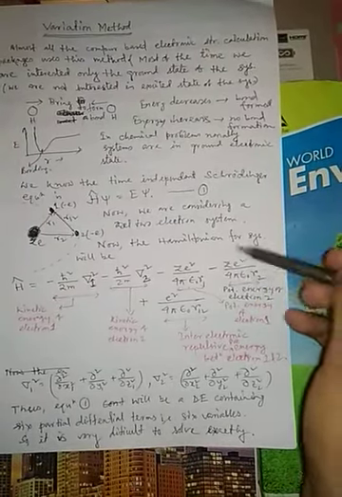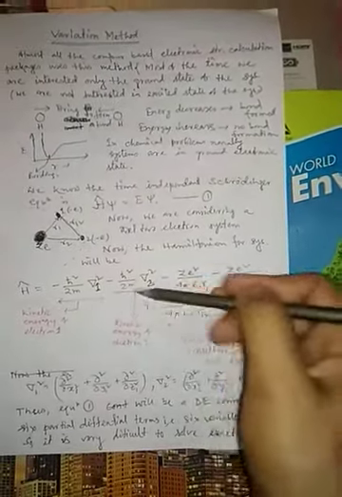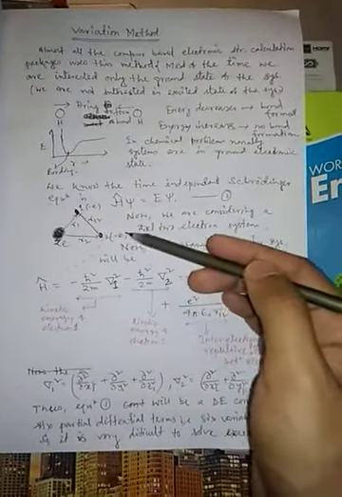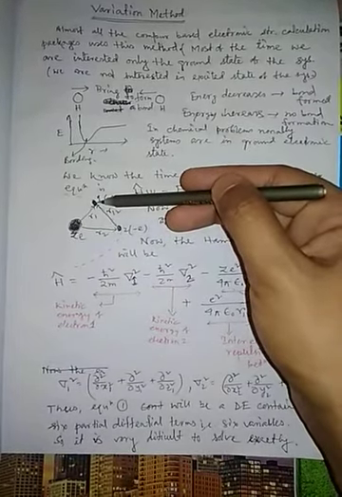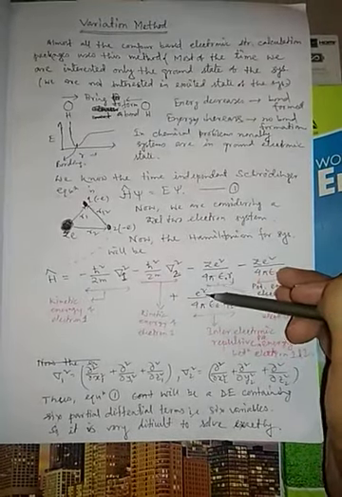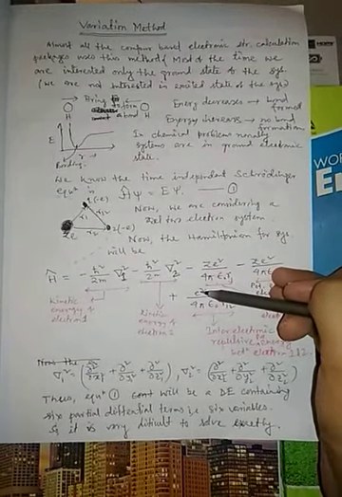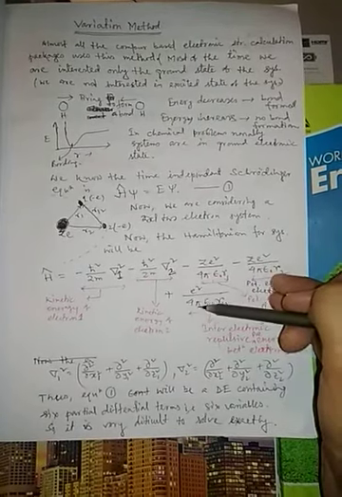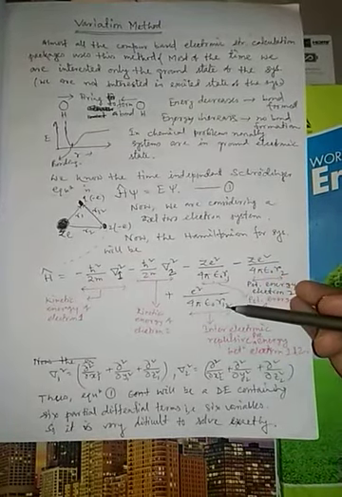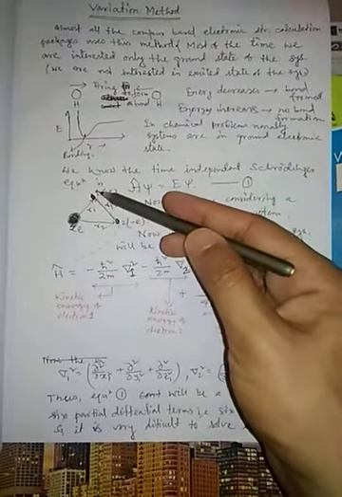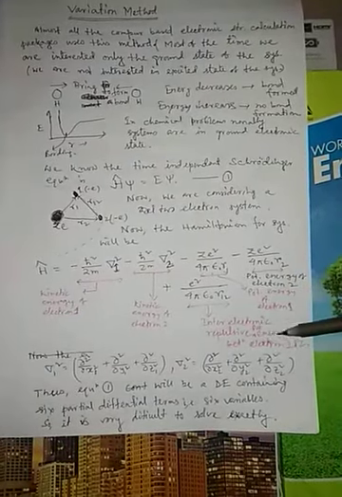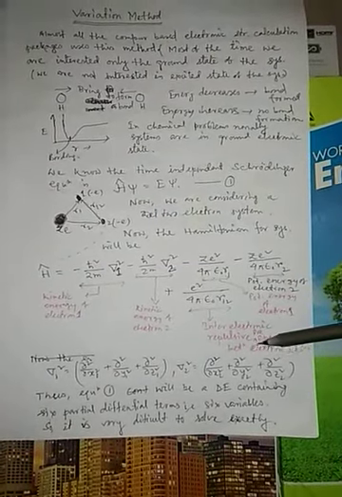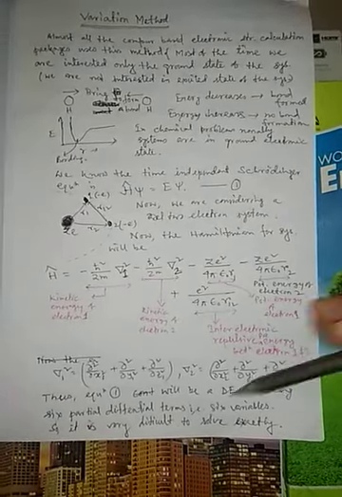In addition to these two potential energies, there is another, a repulsive potential energy between electron 1 and electron 2, that is the product of the charges of the 2 electrons, e square by 4 pi epsilon 0 R12, where R12 is the distance between the two electrons. So this is the interelectronic repulsive potential energy for the interaction between electron 1 and 2.